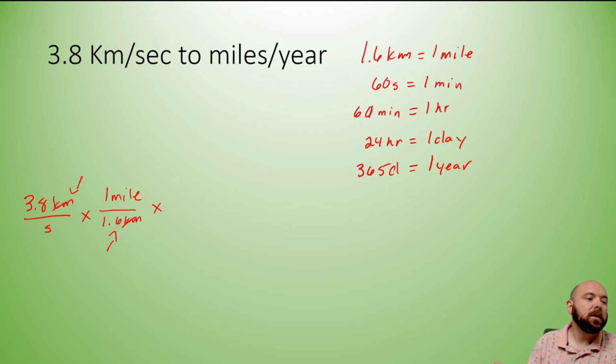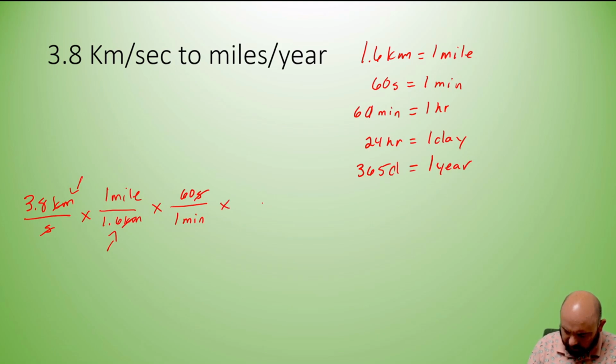Let's go about converting the seconds into years instead. We want to cancel seconds in the denominator, so we're going to put seconds in the numerator here. There are 60 seconds in 1 minute. It gets rid of seconds for us but leaves us in minutes, and we want that bottom unit to be in years, so let's keep going.